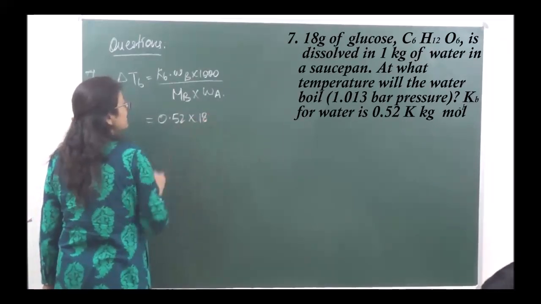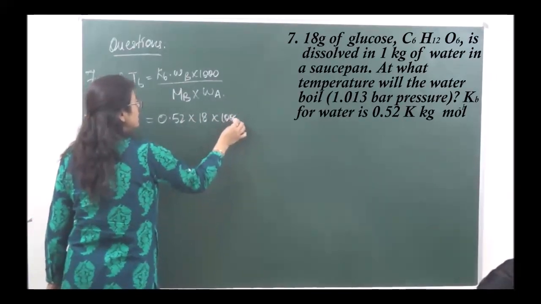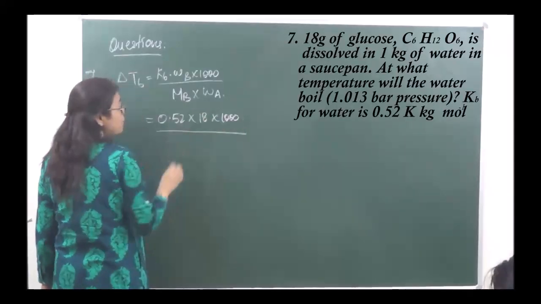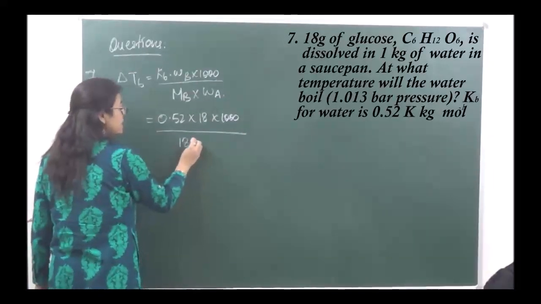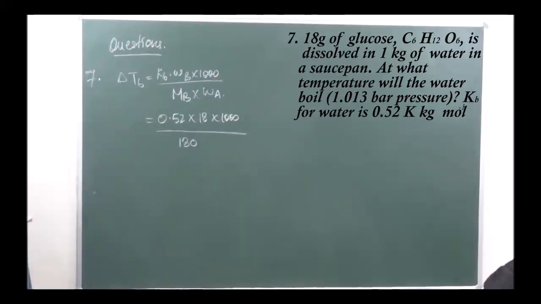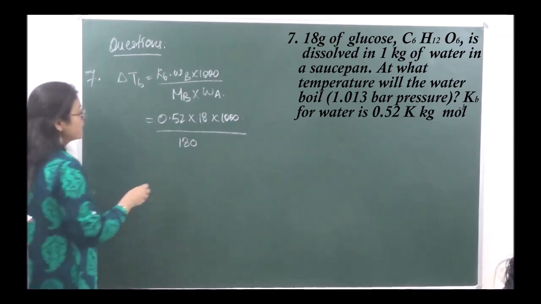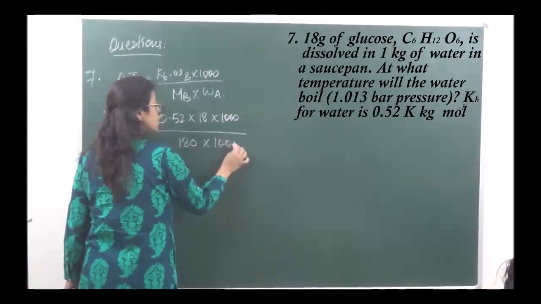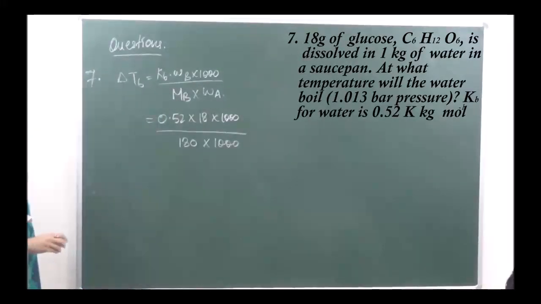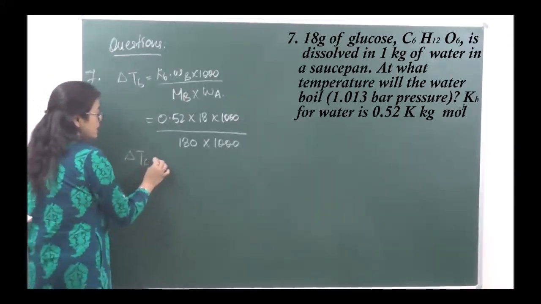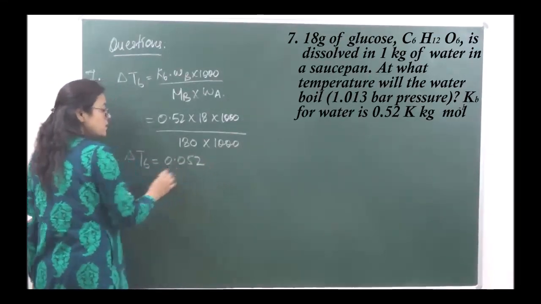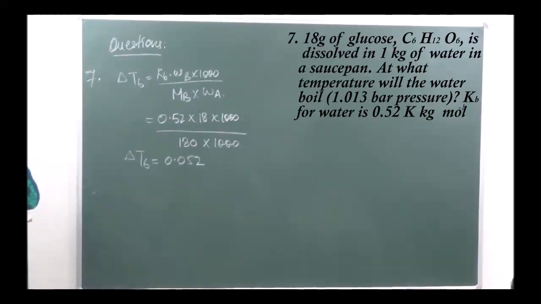Wb is given as 18 into 1000 and Mb for glucose is 180. Okay, molecular mass for glucose is 180 and they are saying 1 kg of water. So 1 kg of water means 1000, right? So delta Tb over here is coming to 0.052 and they are saying calculate the temperature of the solution now.